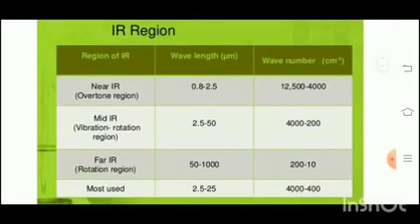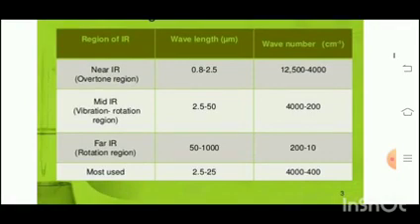These are the IR radiation wavelength ranges. IR radiation is the electromagnetic radiation from 0.8 micrometer to 1000 micrometer, generally called the IR region, and the IR region can be further classified into three subdivisions: near IR, mid IR and far IR.